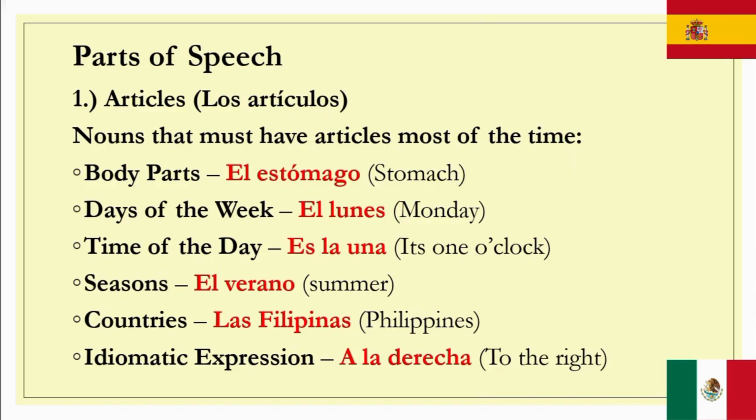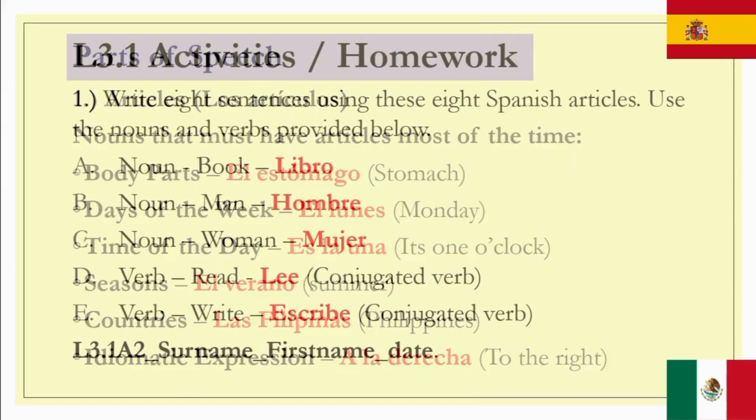Seasons, summer for example: el verano. And countries, Philippines: las Filipinas. Idiomatic expressions: a la derecha, to the right; a la izquierda, to the left. So remember these categories of nouns that must always have articles.